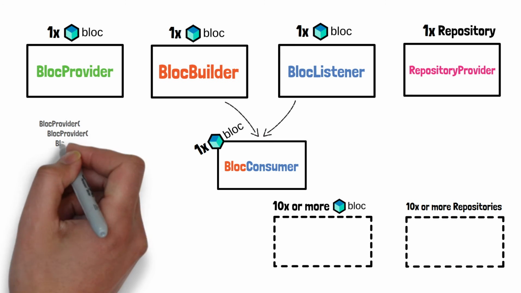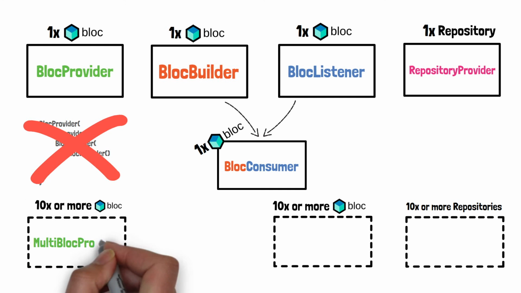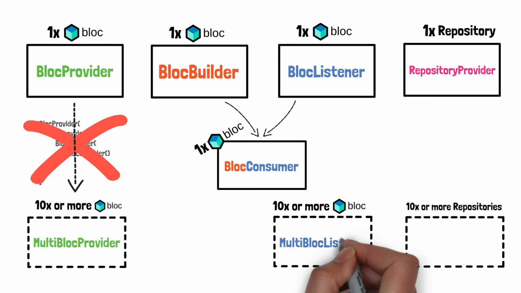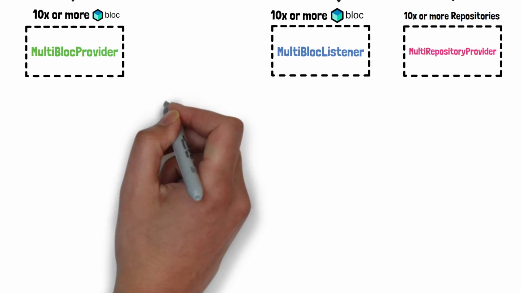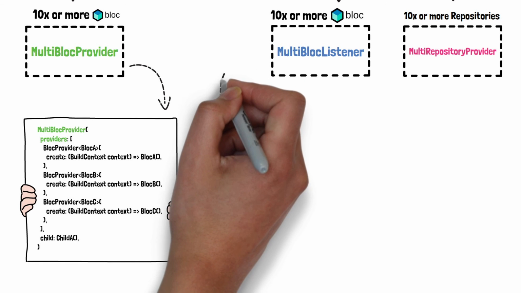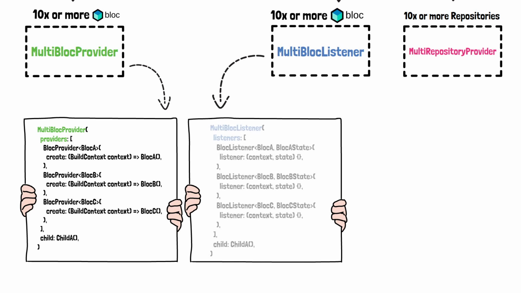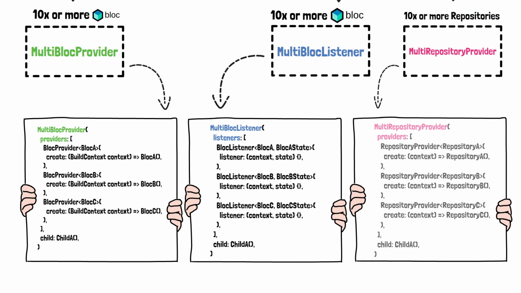Will we stack them together one after another? No, we will definitely use MultiBlocProvider, MultiBlocListener, and even MultiRepositoryProvider. So these are mainly the simple widgets we discussed before, but instead of taking only one Bloc or Cubit or even repository, they can take as many as they possibly can.